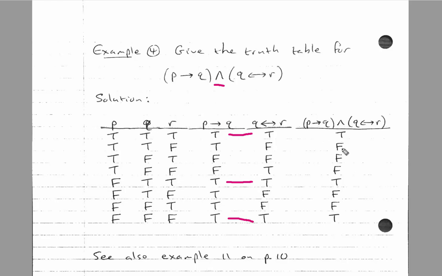Everything else is an F. So it's a big table if you have 3 propositions, but this is the answer we're looking for. For any combination of P, Q, and R, you can see what the answer is going to be.